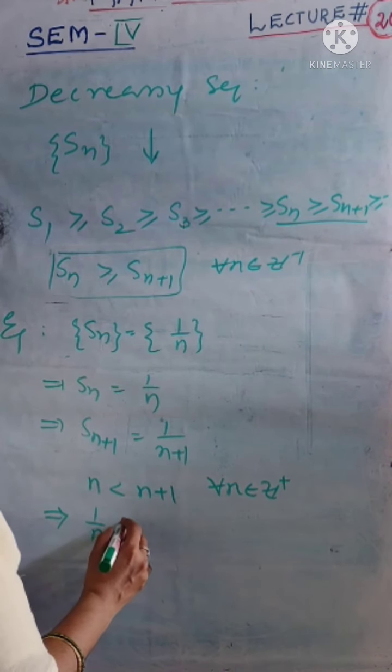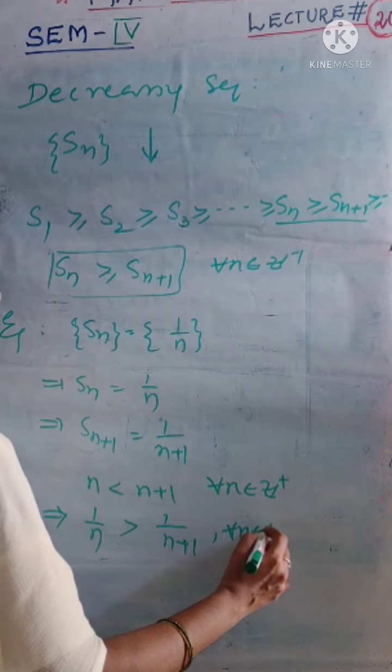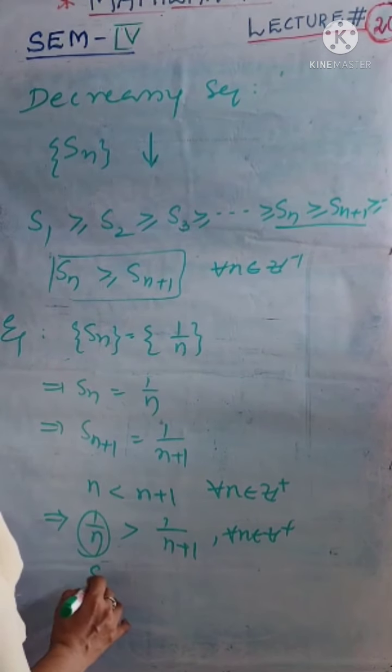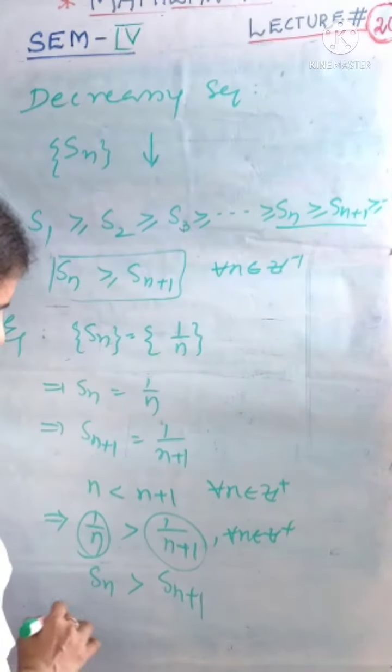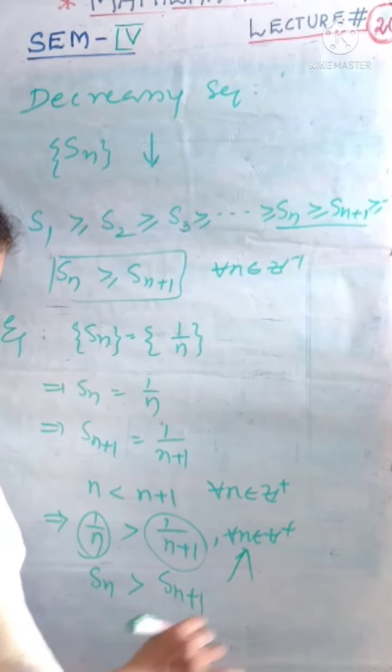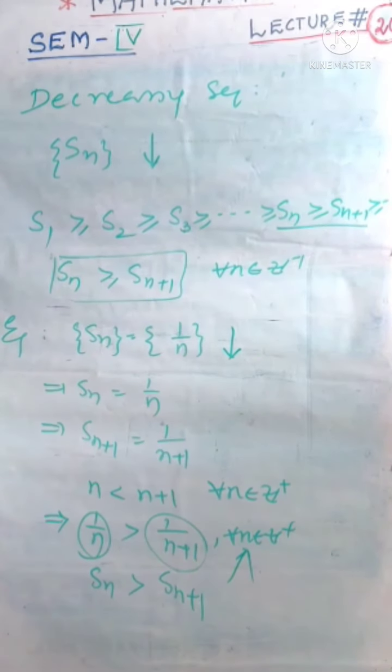Taking the reciprocal, 1 by n is more than 1 by n plus 1. That is, Sn is more than Sn plus 1. That's why our sequence 1 by n is strictly decreasing.